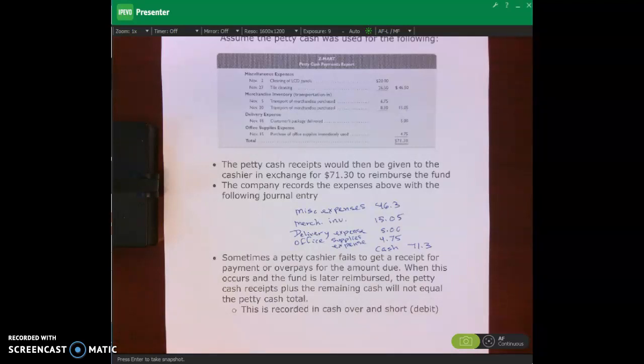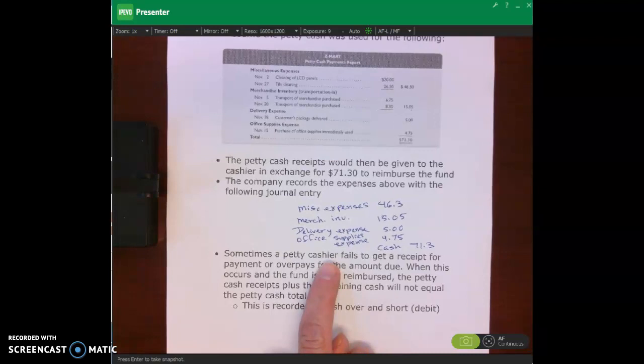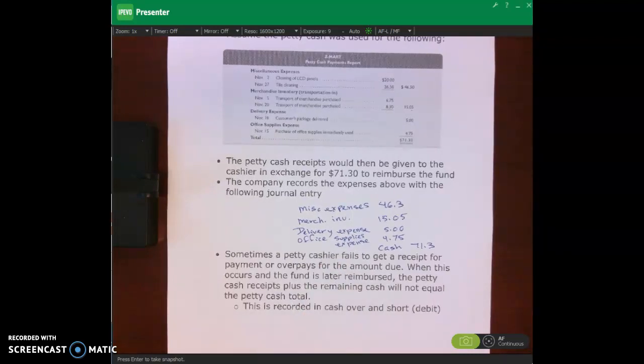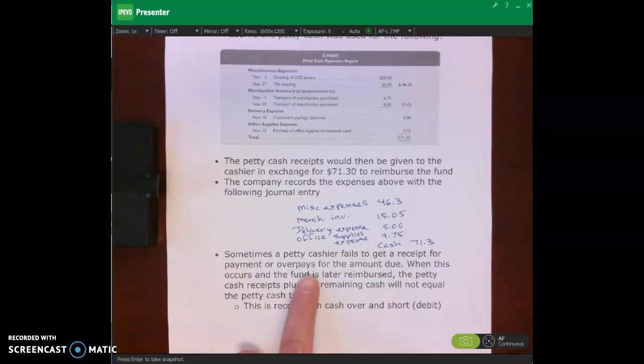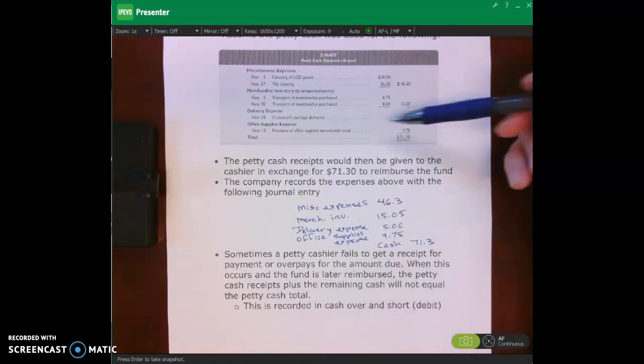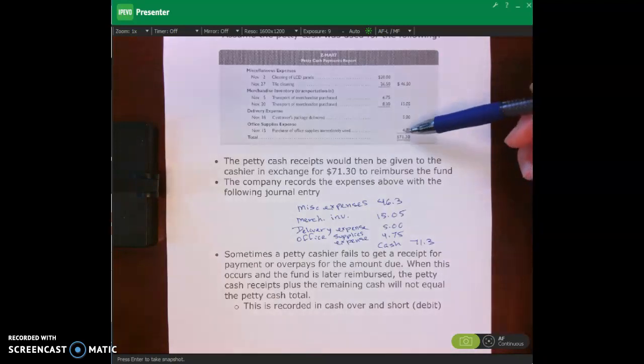Now it could be a situation though that maybe the petty cashier failed to get a receipt, or maybe there's some overpayment. Maybe the person who bought the office supplies for $4.75 actually took out $6. They said, well, it's $4.75, and there was a problem with our petty cash receipts there.